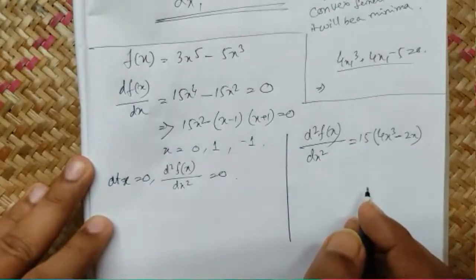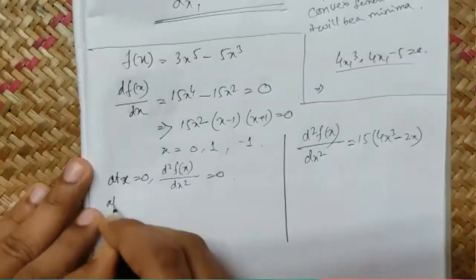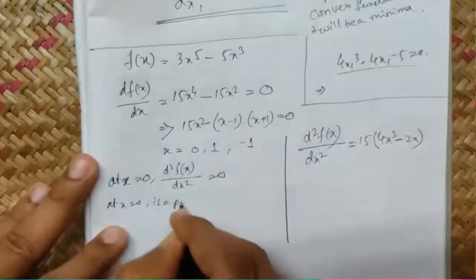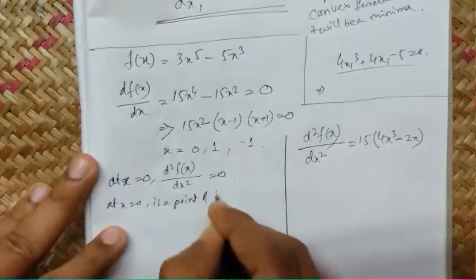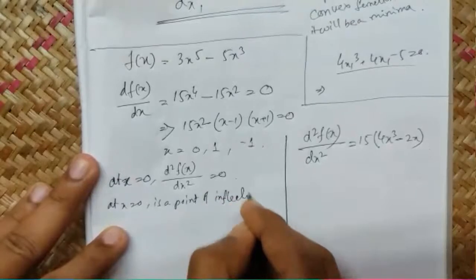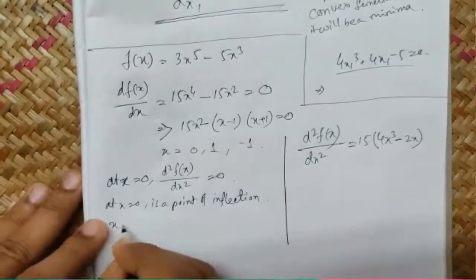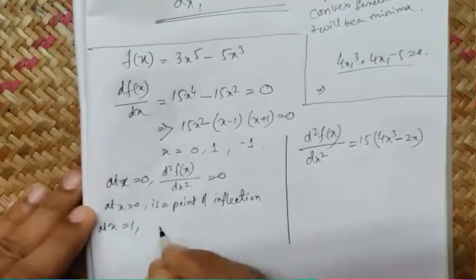So this is a point of inflection. So x equal to 0 is a point of inflection.